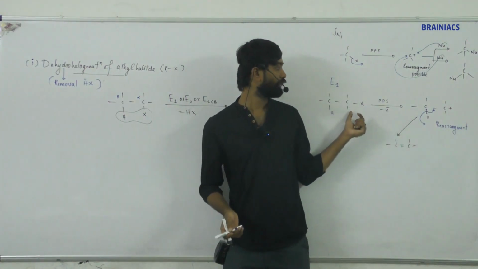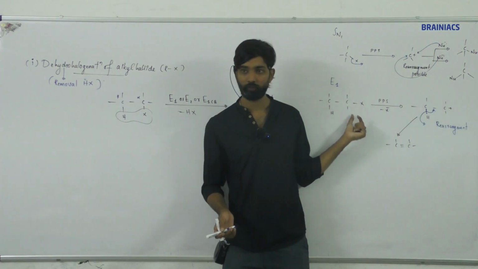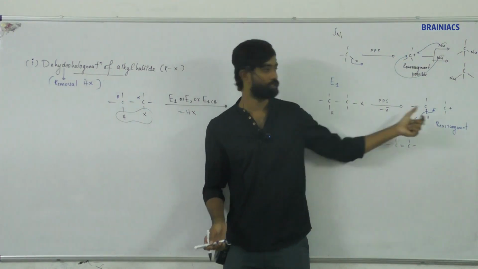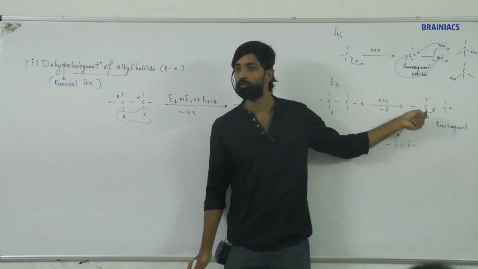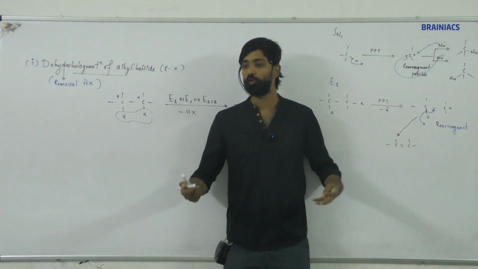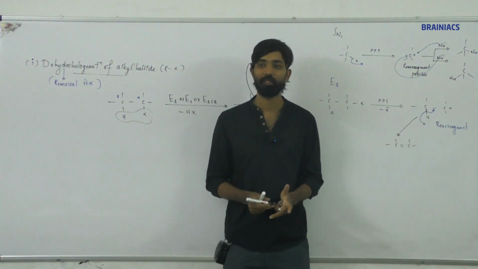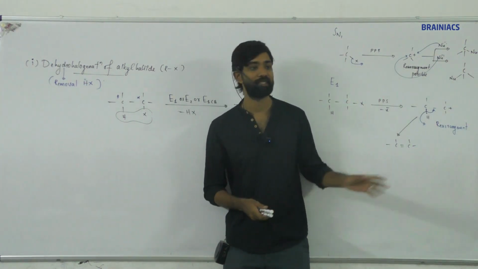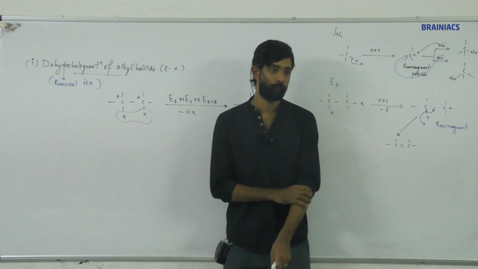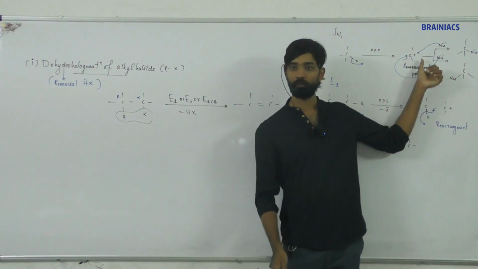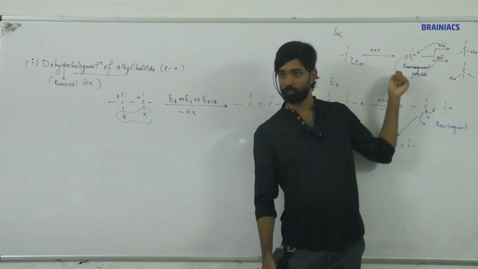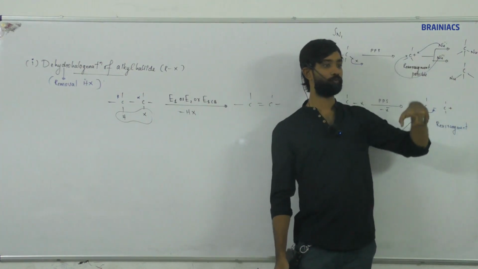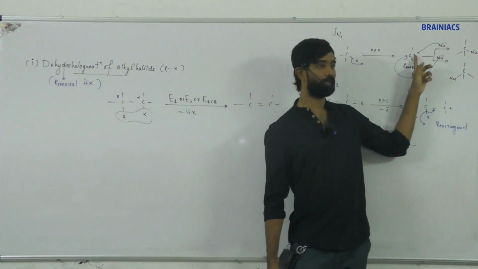So it is clear that in E1 mechanism, the two steps are cleavage of bonds, right? The first step, the carbon halogen bond is cleaved. The second step, the carbon hydrogen bond is also cleaved. So if vibrational energy increases, the cleavage will be favored, which means as temperature increases, there is a chance for elimination. What about SN1? The first step is a cleavage of bond, but the second step is a formation of a bond, right?